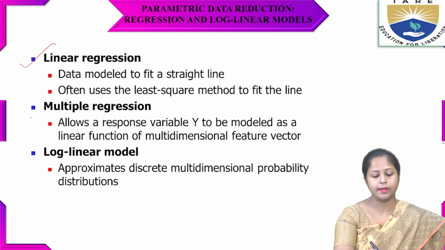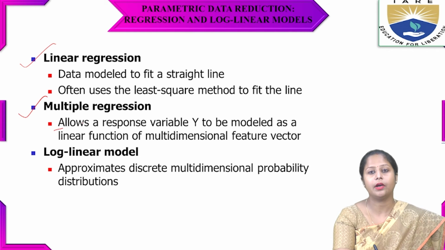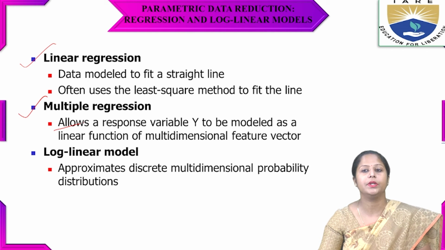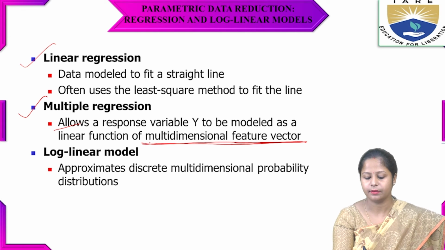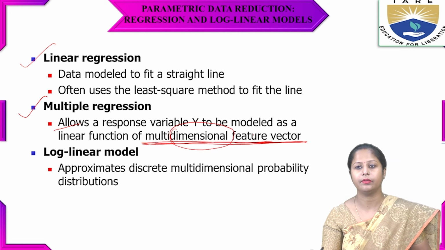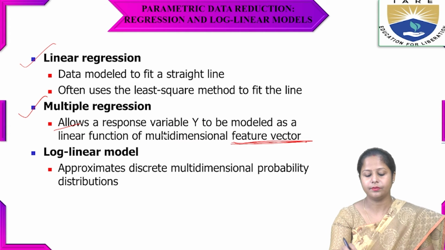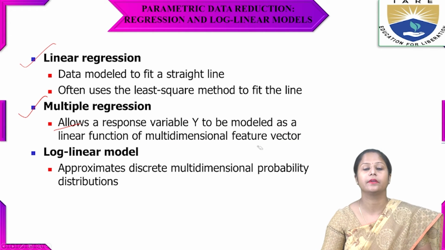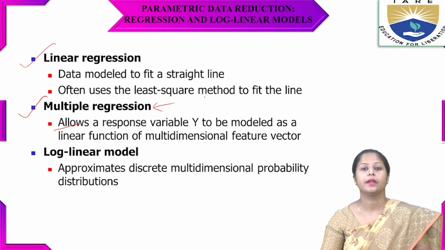The second method is multiple regression. In that, we allow a response variable y to be modeled as a linear function of a multidimensional feature vector. What is a multidimensional feature vector? That is a vector whose dimension is more than 1. For this, we have to model a linear function, so we need to regress that model.